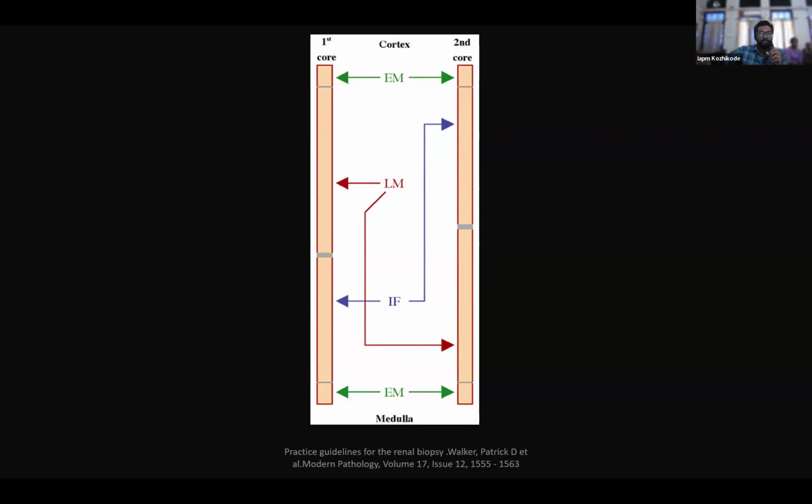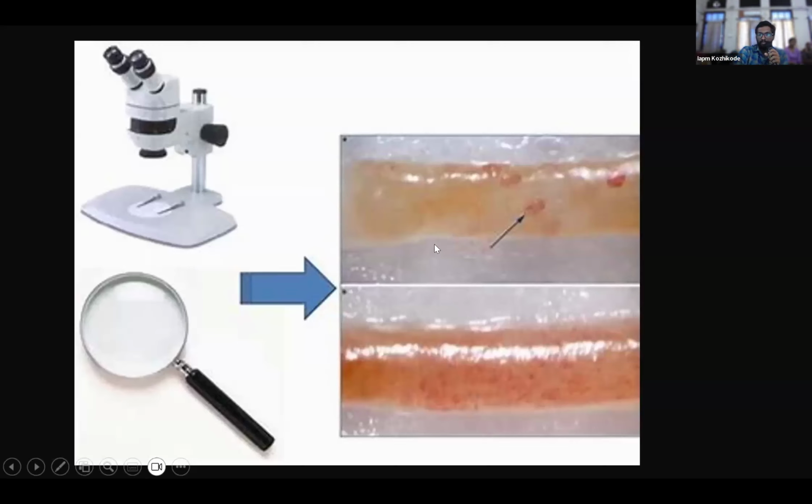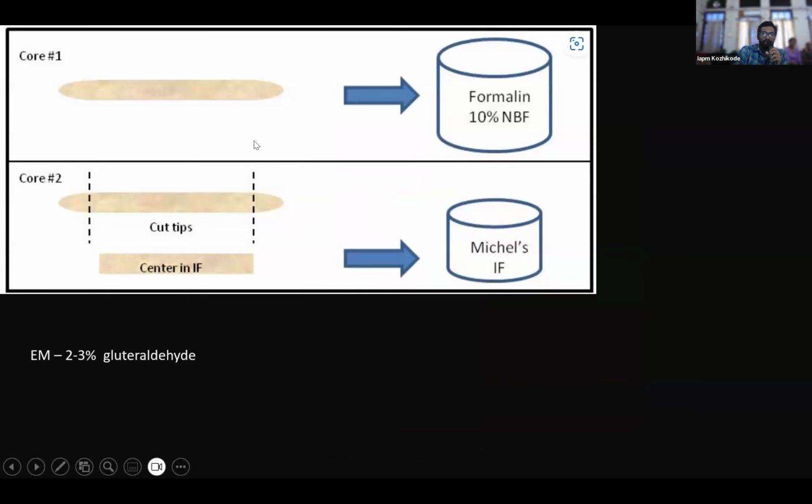So we must be absolutely sure that the small portion we are cutting for EM contains glomeruli. Our procedure was to identify the glomeruli in a core and cut a small piece containing 1 or 2 glomeruli. Then a larger portion containing 4 or 5 glomeruli we preserve for IF.